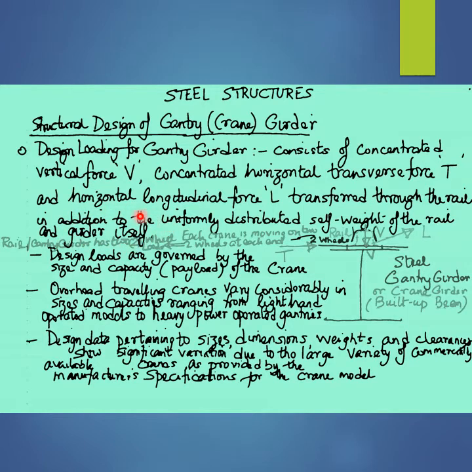Obviously, the uniformly distributed self-weight of the rail and the gantry girder itself is the dead load.